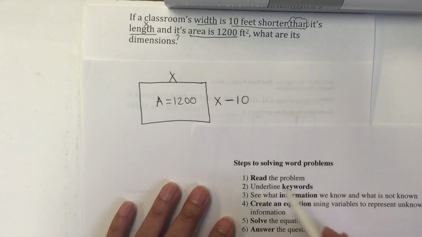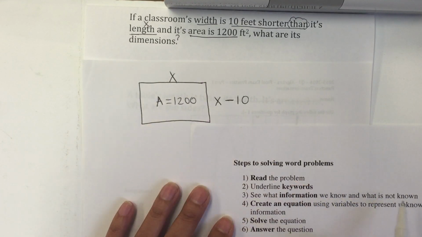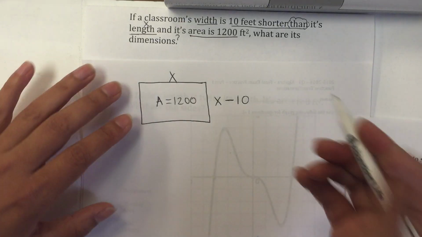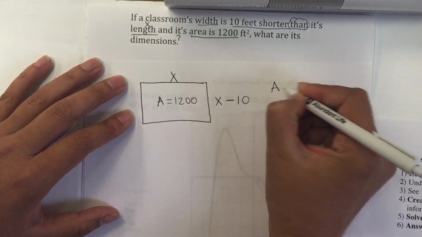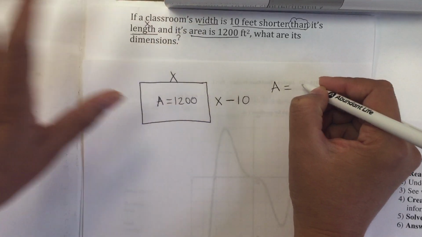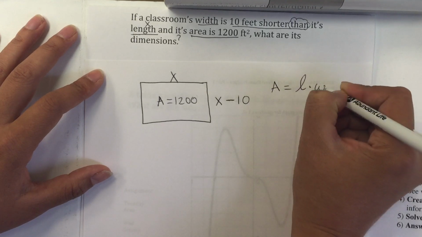So we underlined keywords, see what information we have and what we don't have, and use variables to represent, creating an equation. We'll create an equation now. Again, the formula is area equals, since they're using width and length, which is the same thing, length times width.